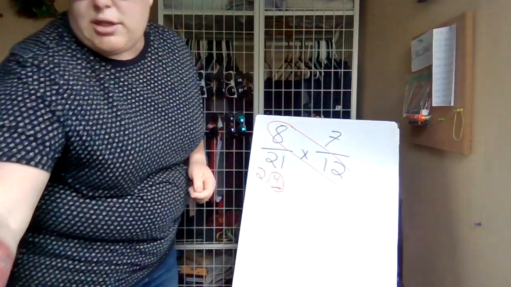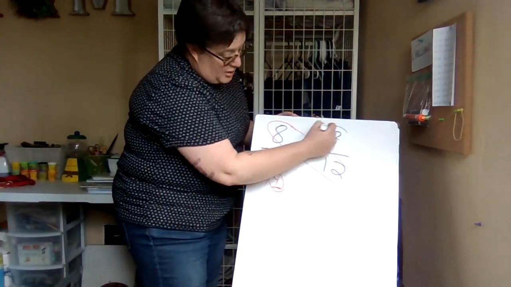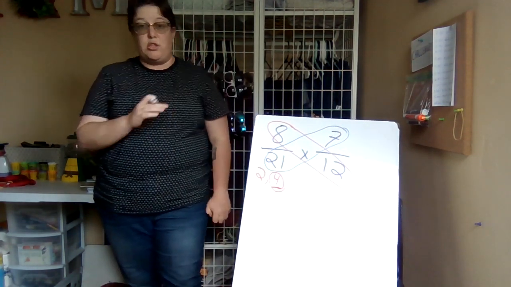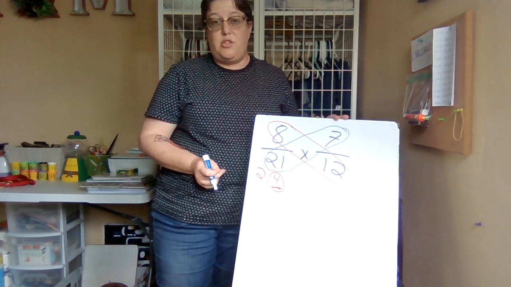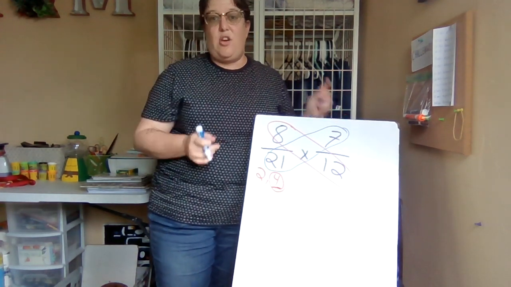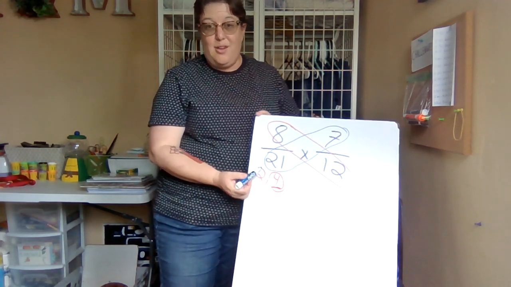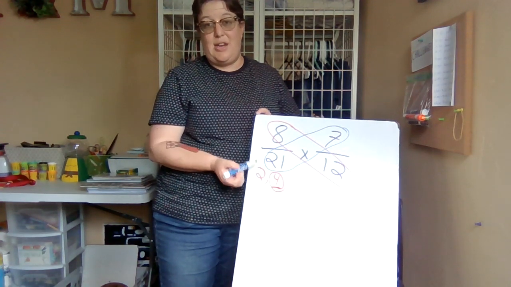Now, let's take a look at the opposite ones. So next up is going to be 7 and 21. Those are the next ones that we're going to look at. 7 is a prime number, so the only numbers that can go into 7 are 1 and 7. 21, we have 1, 3, 7, and 21.